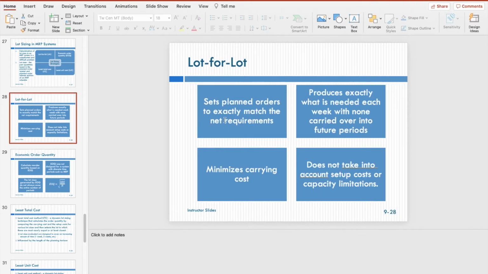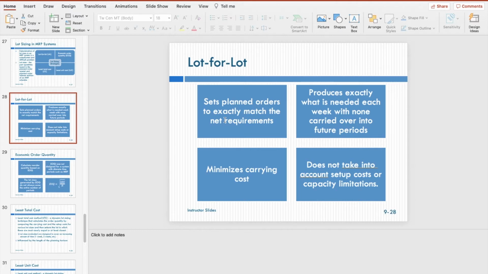First of all, it's called lot for lot. Lot for lot is very straightforward. Give a quick example. If you know that your net requirement for production is, let's say, 1,000 units, basically, if your demand is 1,000 units from the market, based on the lot for lot lot sizing technique, you will order exactly that amount in order to match your net requirement.